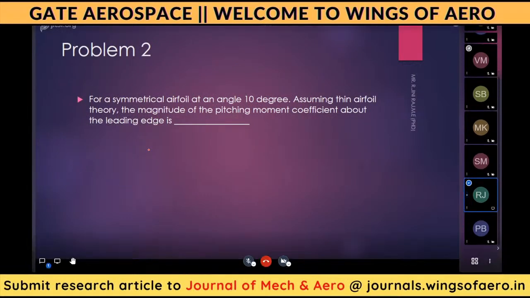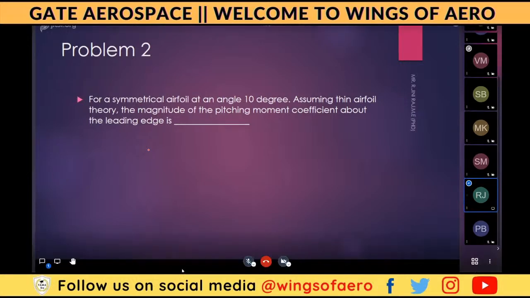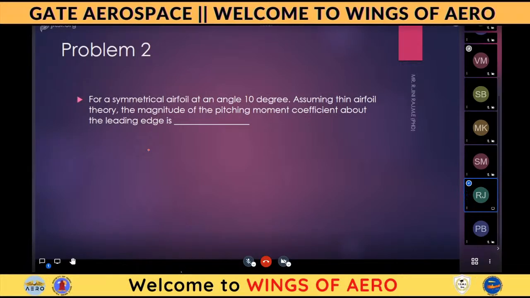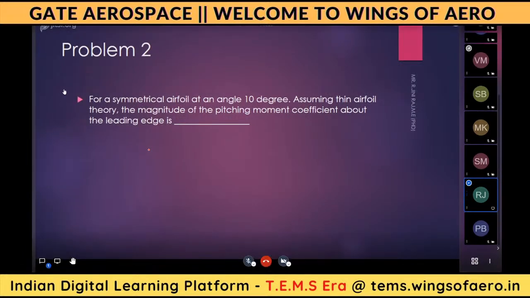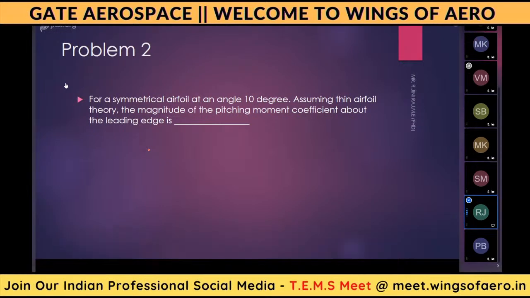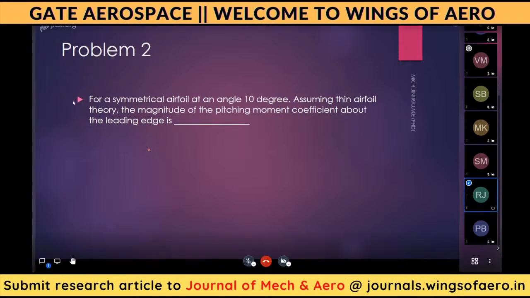This problem is from thin airfoil theory only, for simplification, and for some small understanding of whether you have remembered last class. For that purpose only I have put this problem. Same thing, angle 10 degree, assuming thin airfoil theory, the magnitude of pitching moment coefficient about the leading edge.